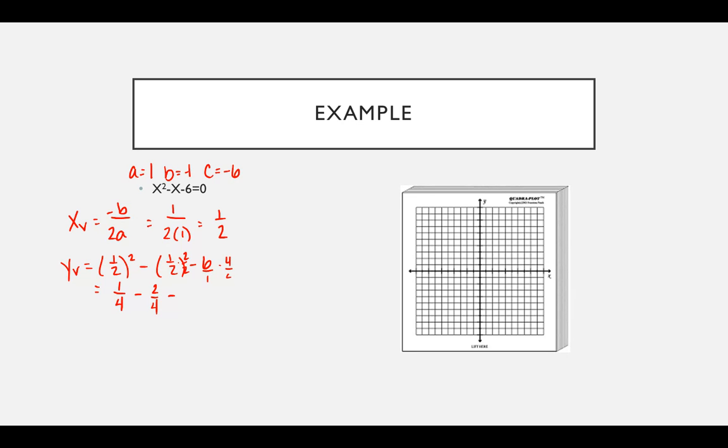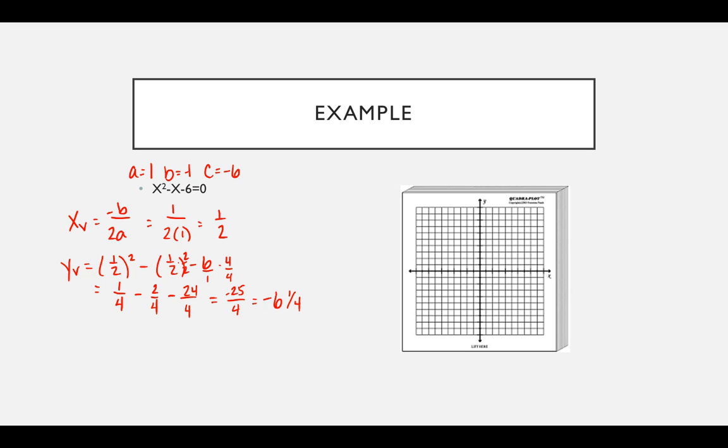So if I multiply by 4 over 4, I get 24 over 4. So for the y-coordinate of my vertex, 1/4 minus 2/4 is negative 1/4. Minus 24/4 is going to be negative 25/4. And then at that point, I would convert this to a mixed number or decimal. So negative 6 1/4 or negative 6.25.